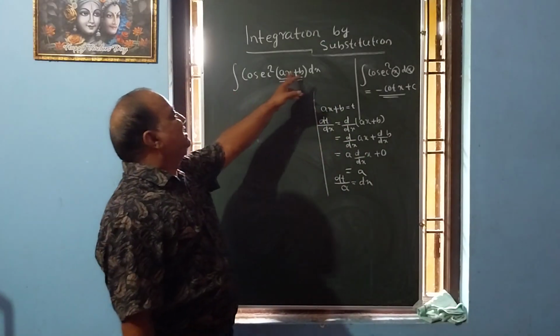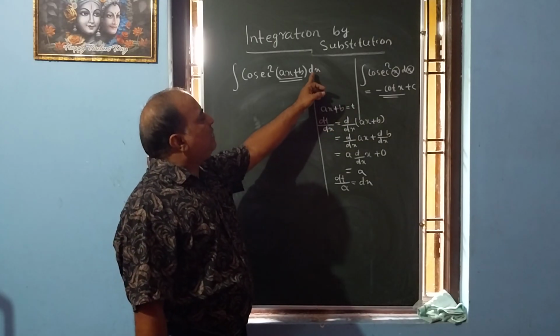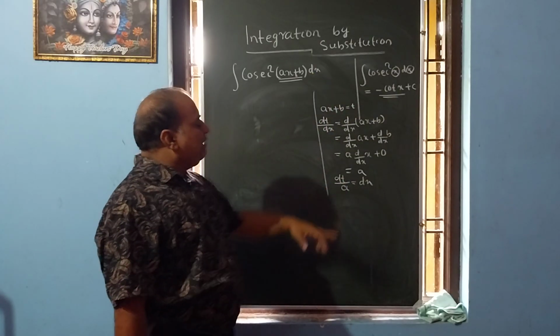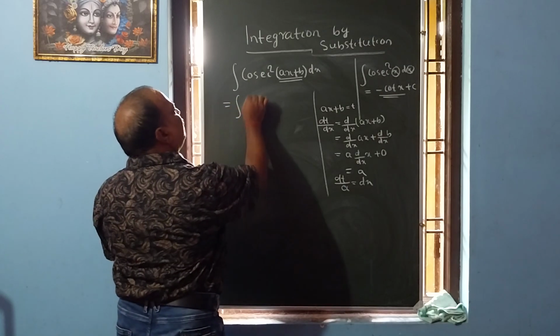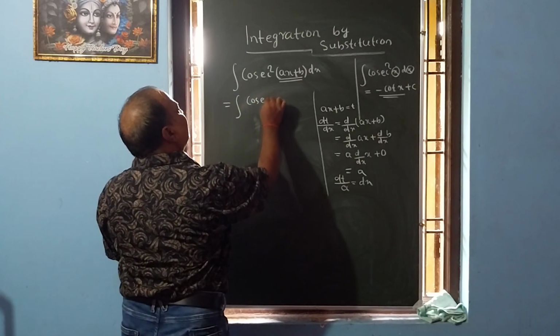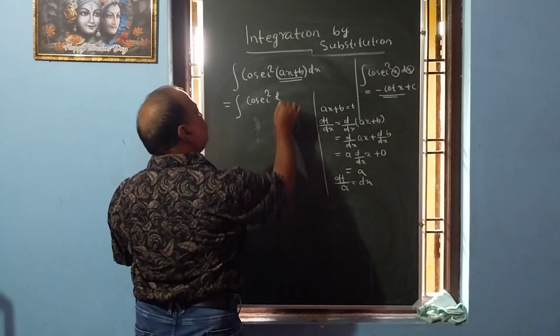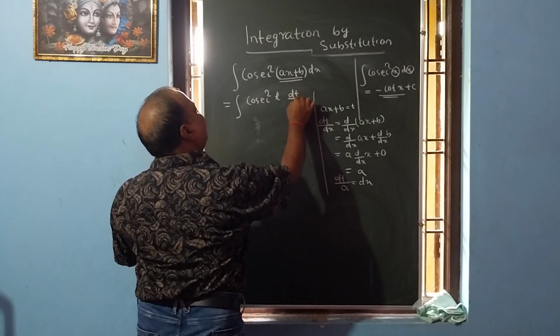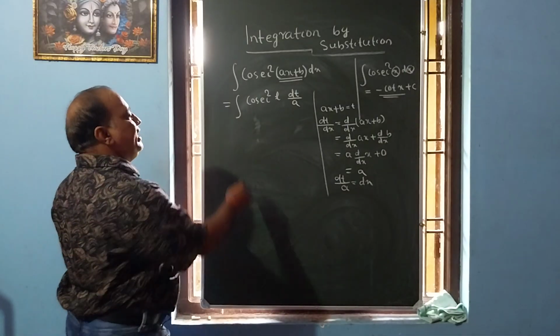Now it will be changed. In place of ax plus b, we put t, and in place of dx, we put dt by a. So the integral becomes integration of cosec square t, with dt by a in place of dx. So 1 by a is a constant that comes outside of the integration.